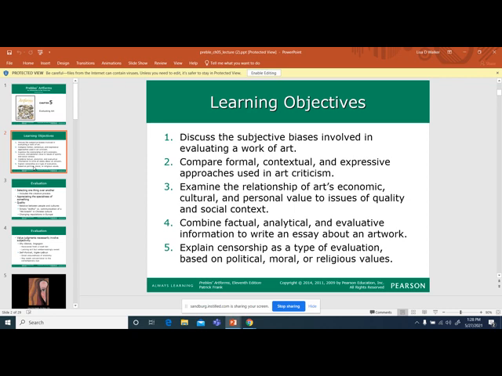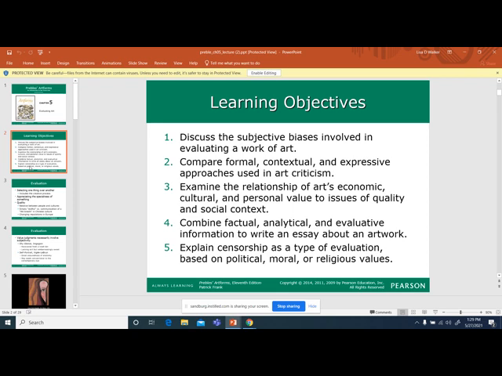I don't like orange, therefore I do not like this painting because it is orange. I do not like bugs, therefore I will not like this painting of a spider. Maybe it's not going to be your favorite, but again, we're looking for the qualities inherent in that work that do make it good or bad or in between.